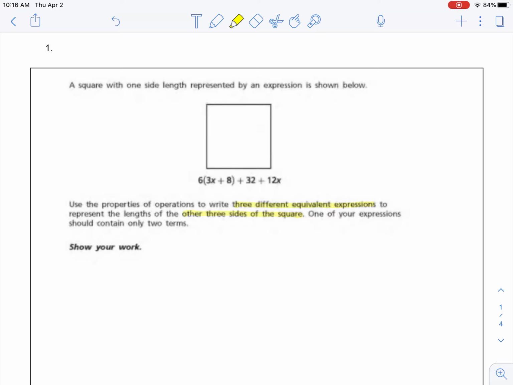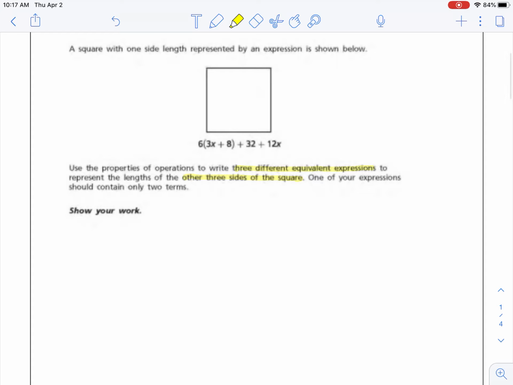So here we know that one length of the square is represented by the following expression. Since this is a square, we also know that all sides are going to be equal. And so all that's asking us here is to represent this for the other three sides.